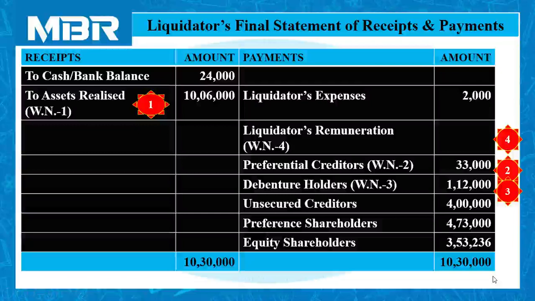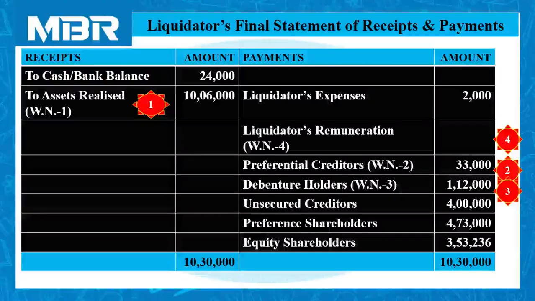Now let us move to the payment side of the liquidator's final statement of receipts and payments. As you all know, in the first stage, we need to make payment to the fully secured creditors and any dues to the workers of the company. But in this question, information regarding fully secured creditors or any dues from the workers is not given.